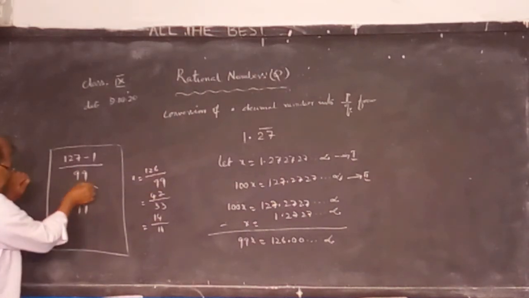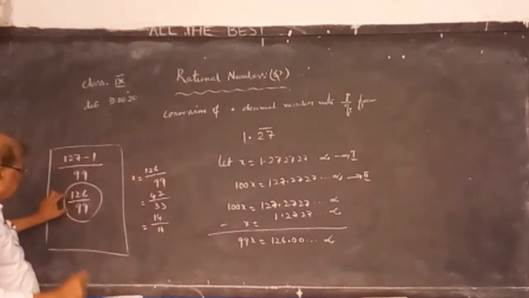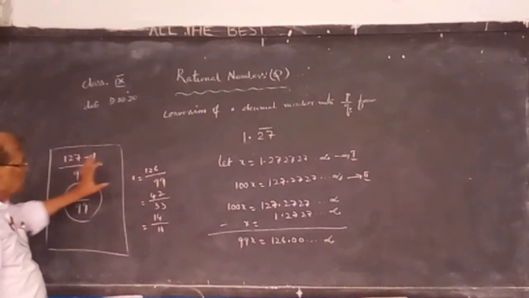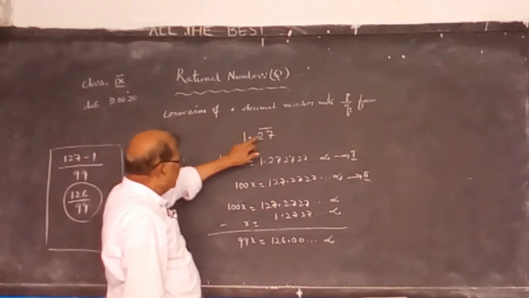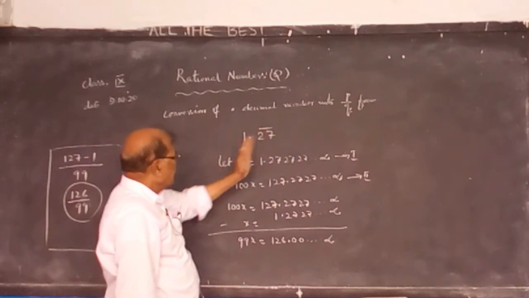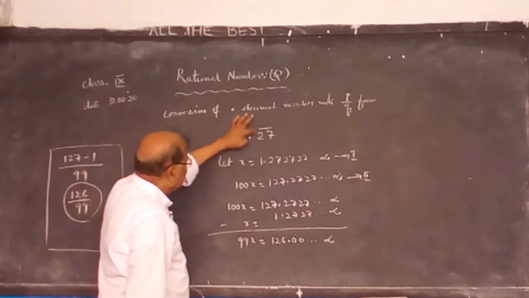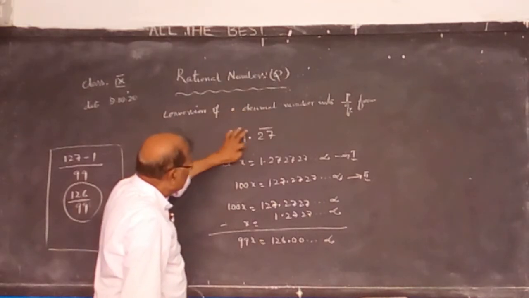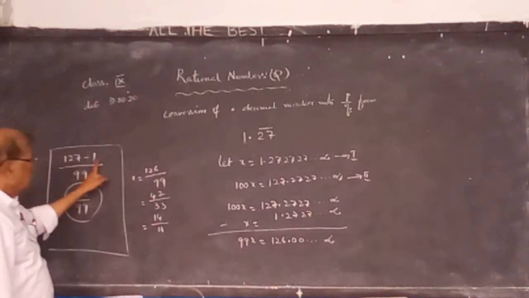You can do this if it comes as an objective-type question. Take this number as it is. Instead of 1.2727 recurring, take it as 127 and subtract the integral part which is not recurring: 127 minus 1.